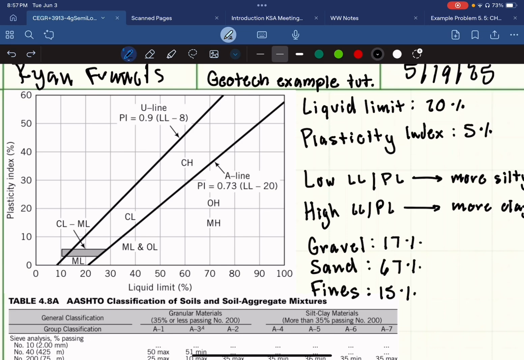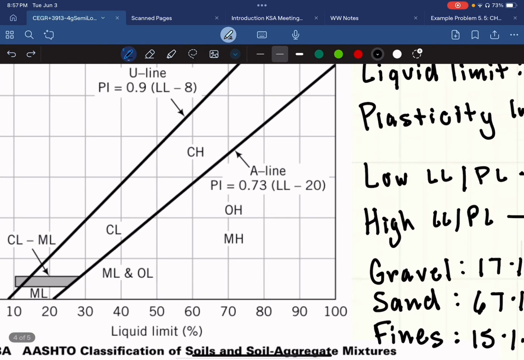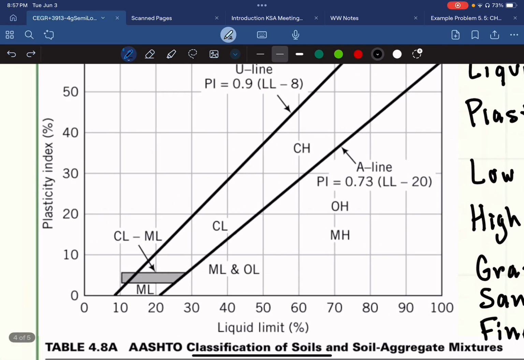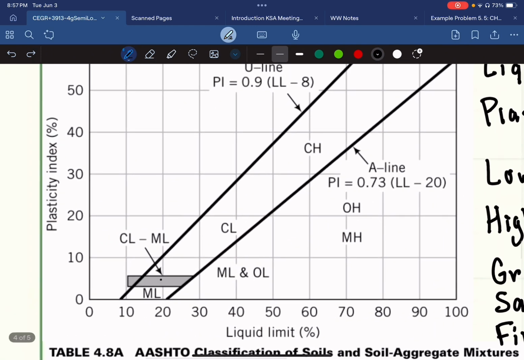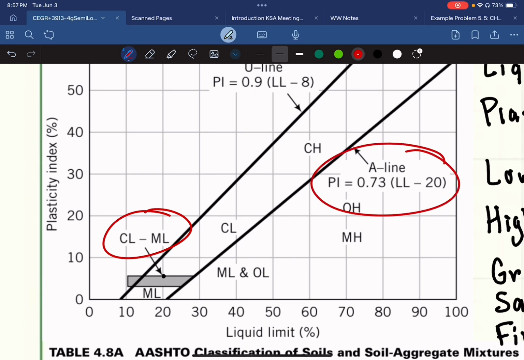So it's as simple as just going, liquid limit 20, 20, 20, and going up 5. So it's going to go right on this line. Couple things to note here are that it's going to graph in the CL-ML and above the A line. He might ask you, is it above or below that A line? I've seen that before. Just something to be aware of.